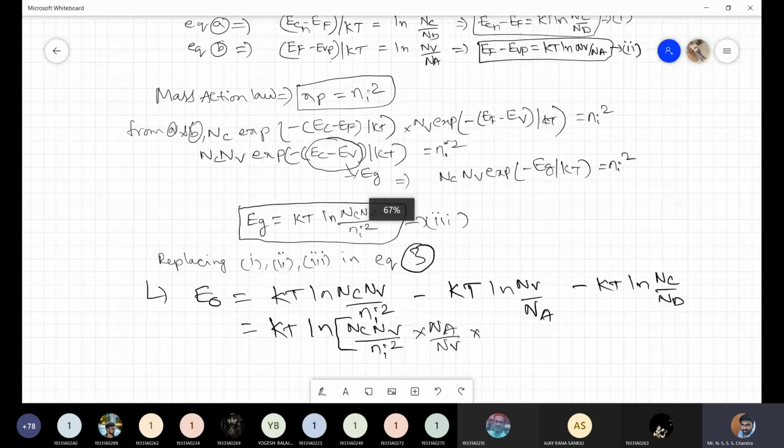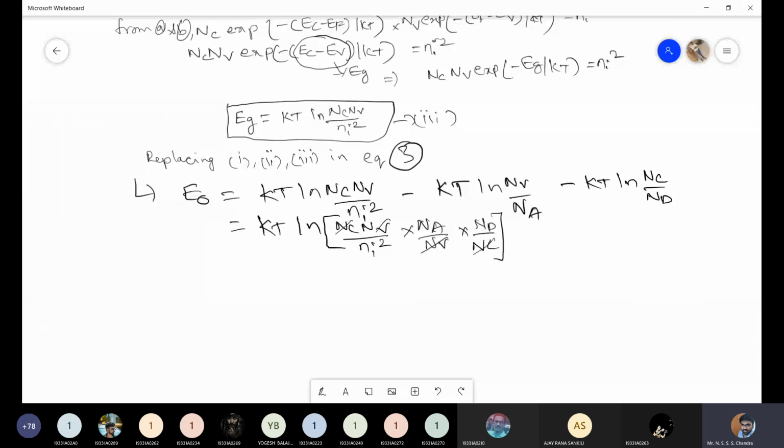Similarly for the next term also it will be Nd by Nc. Now here Nc gets cancelled, Nv gets cancelled. You'll be left with E naught equal to kT log (Na Nd by Ni square).